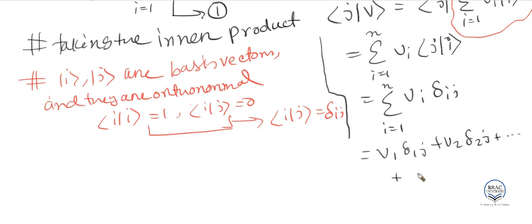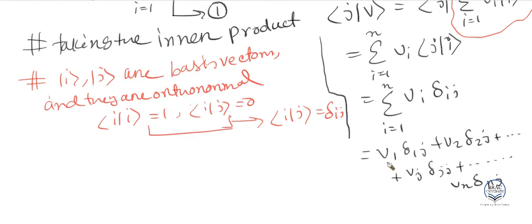And there will be a term where it will be v_j delta jj, and then so on, and ultimately it will be v_n delta nj, where n is not equal to j, right? Because n is the last component and j is something lying between 1 and n.